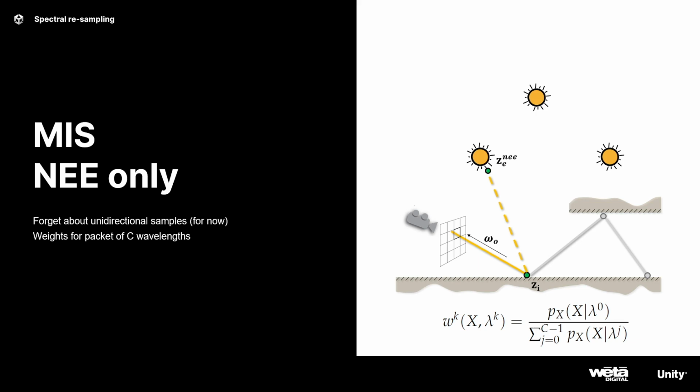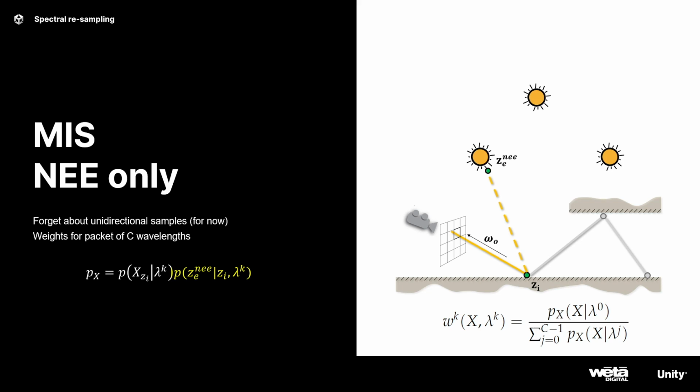The x here stands for the full path. We need to open the term px to evaluate this quantity, and this term is equal to the probability of sampling the path up to the point zi and the probability with which we have generated the emissive points at E and EE at the given wavelength lambda k.